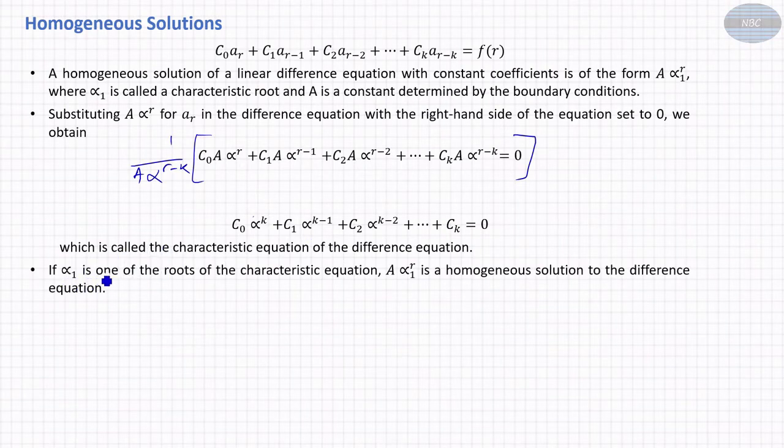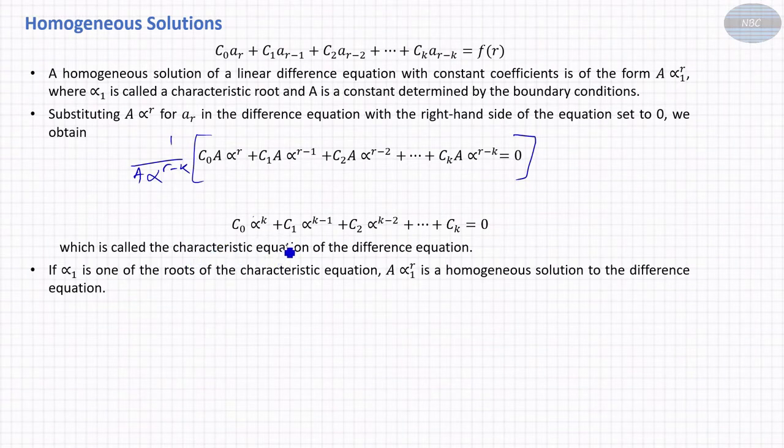If alpha 1 is one of the roots of the characteristic equation, a into alpha 1 to the power r is a homogeneous solution to the difference equation. So this is a kth order characteristic equation.